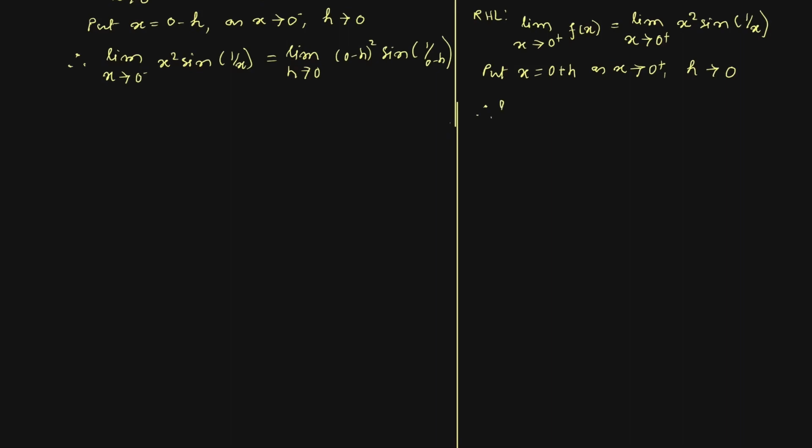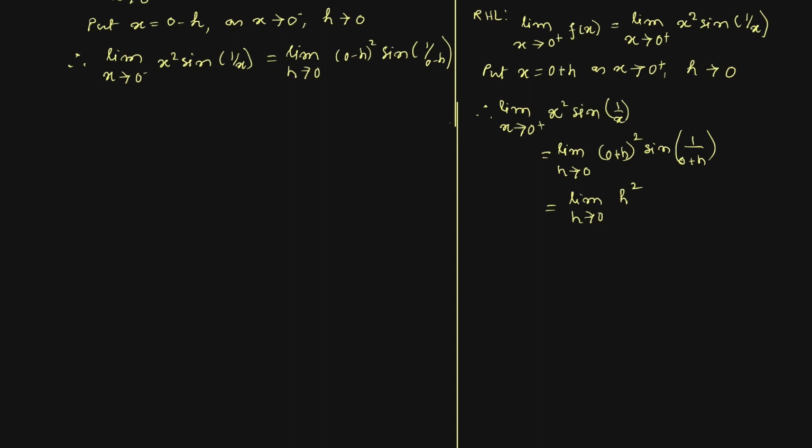Therefore, limit x tends to 0 plus x square sine 1 by x, we are able to write as limit h tends to 0, 0 plus h whole square sine 1 by 0 plus h, which is equal to limit h tends to 0, that is h square sine 1 by h.